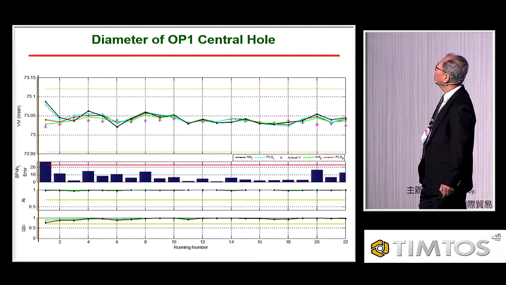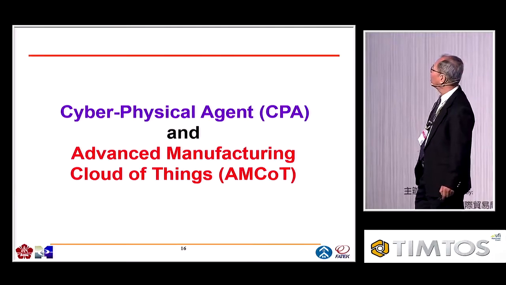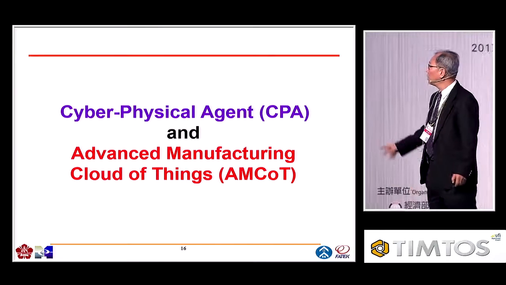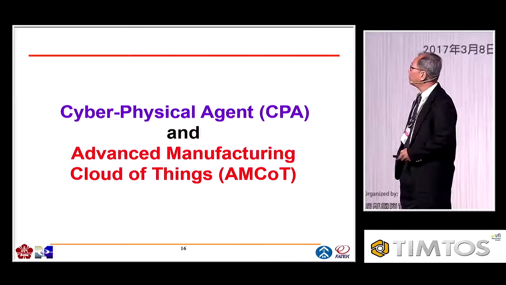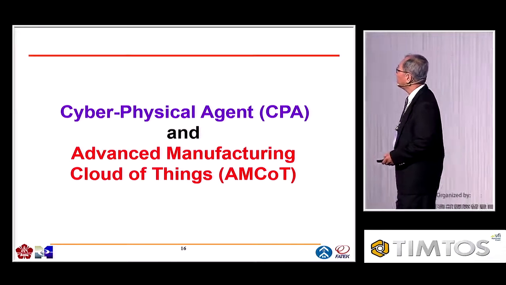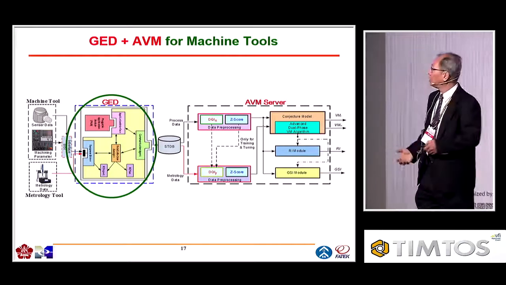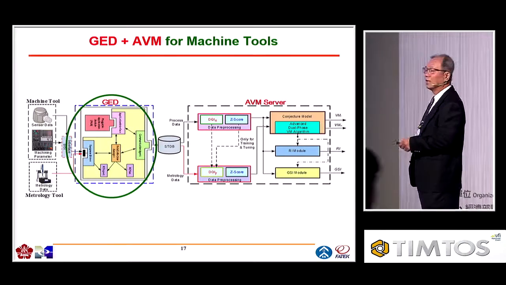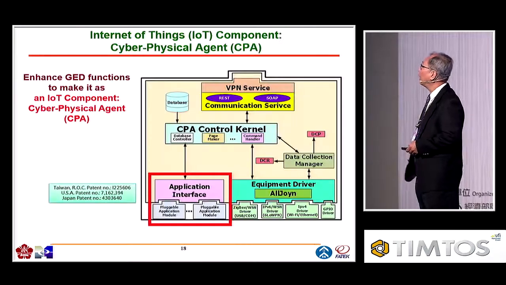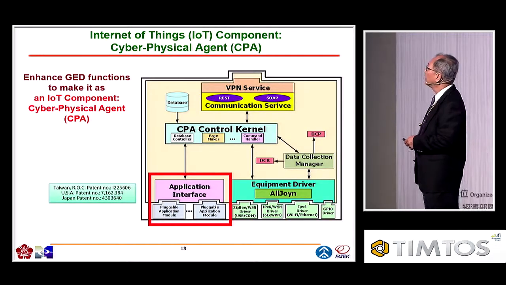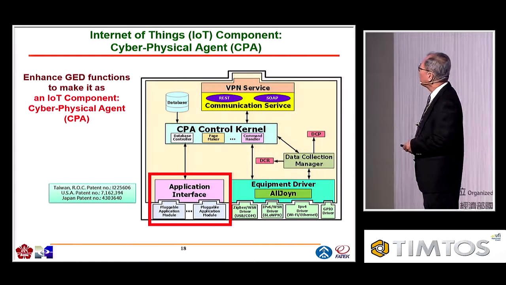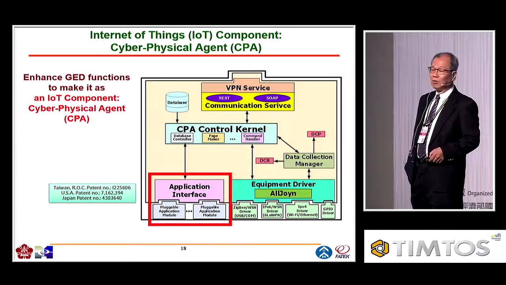So you see, this will be the result. Then the cyber-physical system, the AMCOT, okay. And what we would like to do is let these GED functions become an IoT component. We actually have a patent of that also.